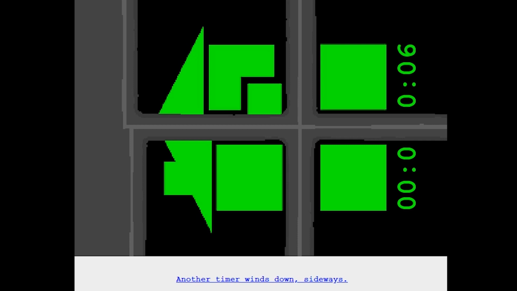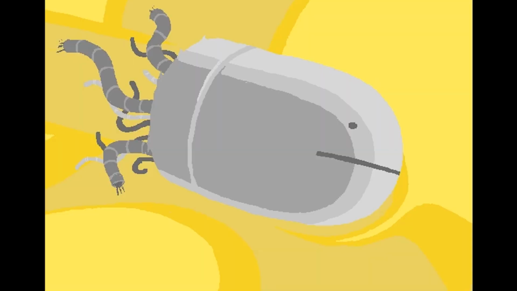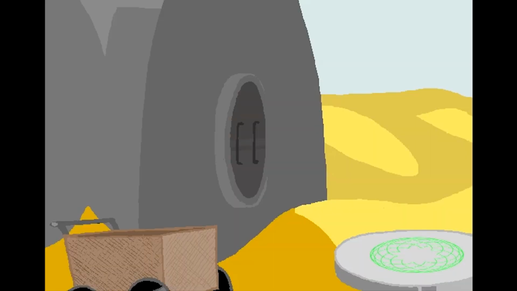Again in the future. Another timer winds down, sideways. Oh, I can only assume that the mailbox man just cut that thing's head off. That's brutal. And he seems to have entered this large, I don't know, thing.